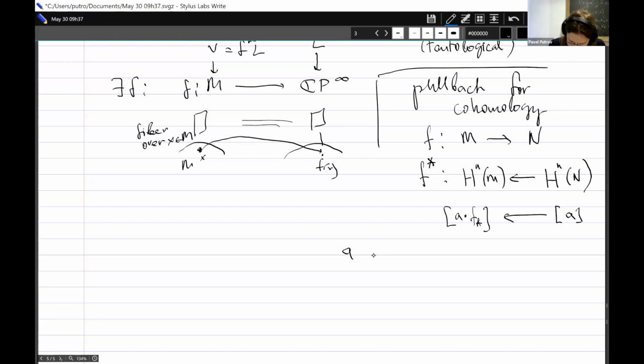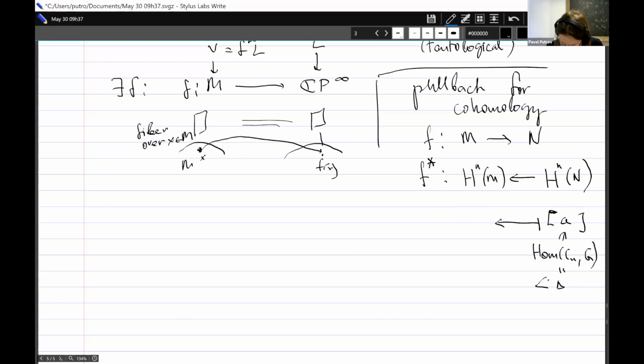A is represented by a homomorphism from C_n to G, which is in particular generated by the maps alpha from delta^n, the C_n.